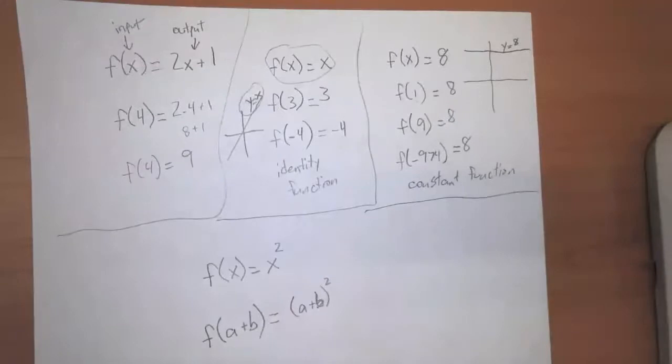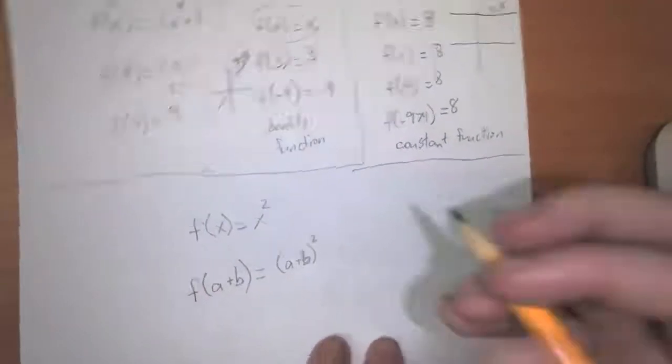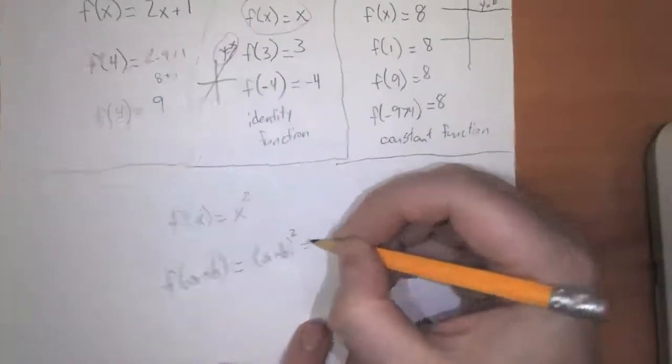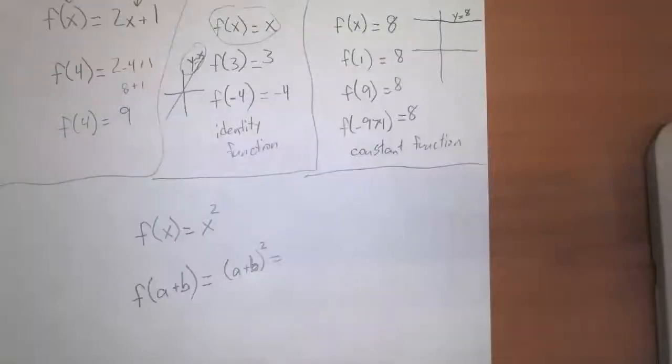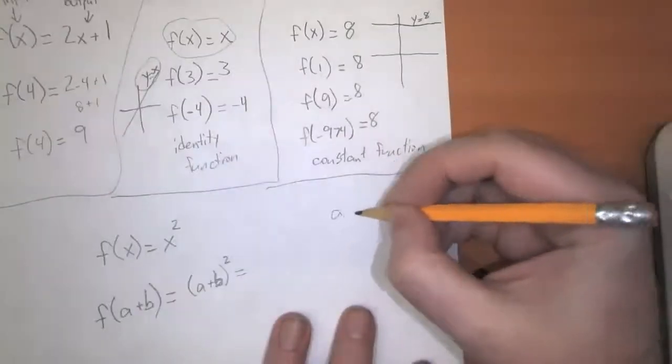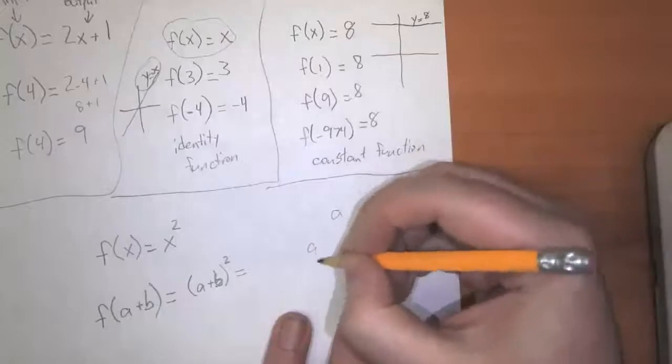All right, and remember that if you ever needed to multiply that out, and we will before too long, you can use the box method.